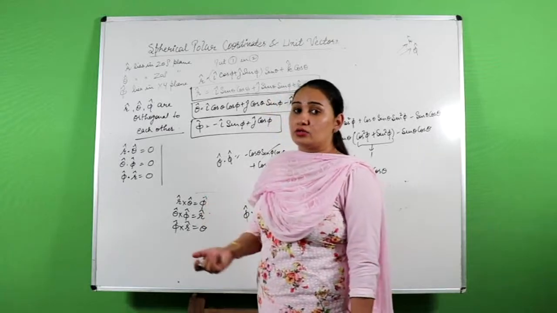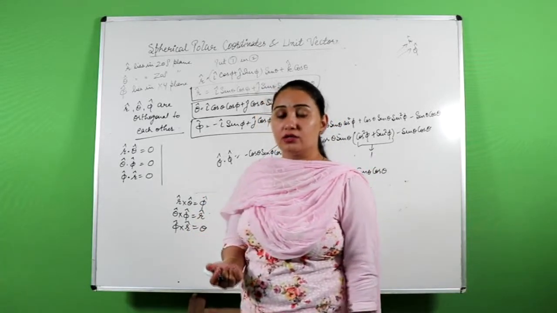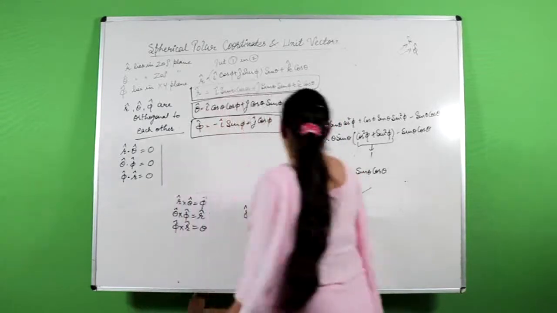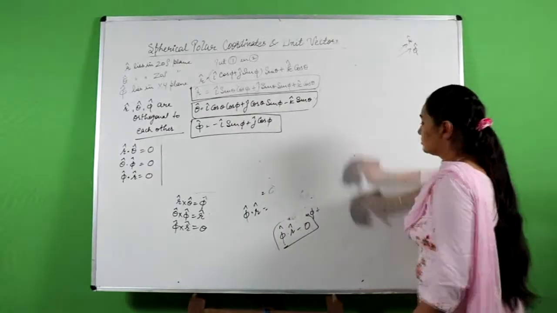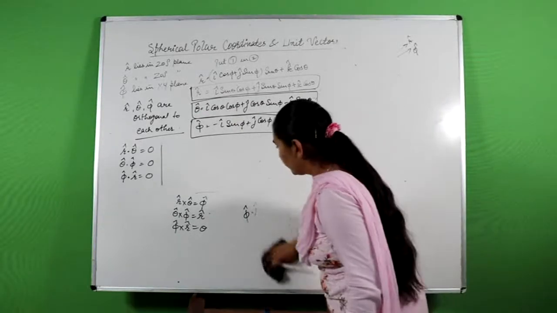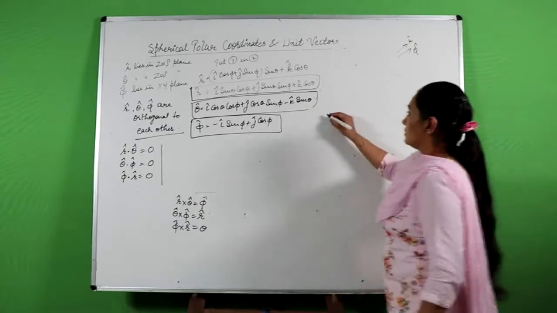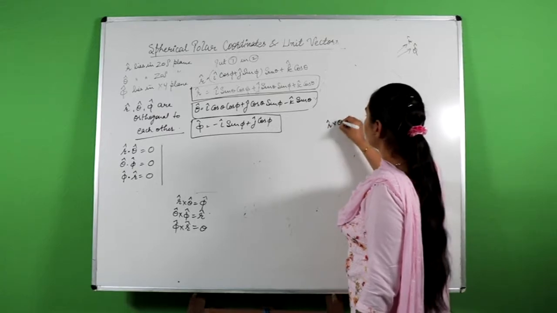And since I told you that we can also prove it with another method, that is the cross product method, what I need to do is find r cross theta. I'll be doing it for one and you will be doing the other two. First of all, r cross theta.